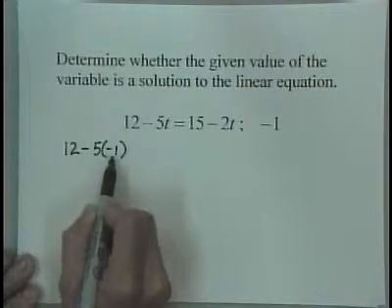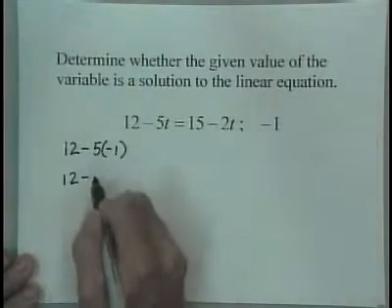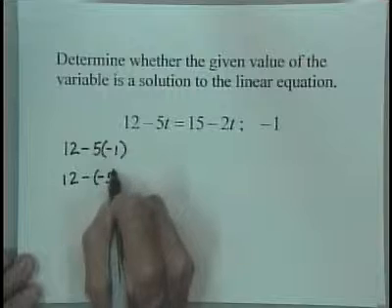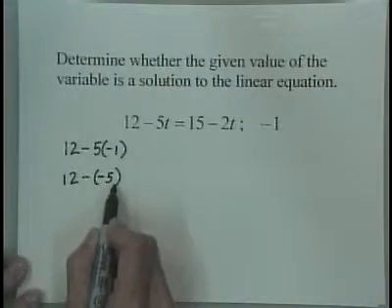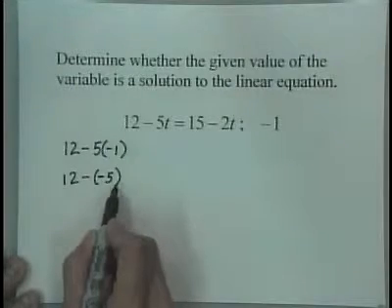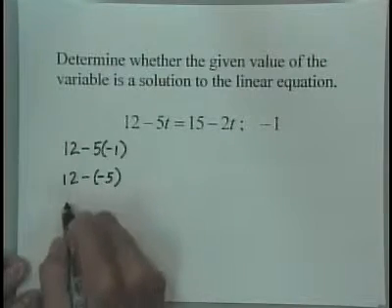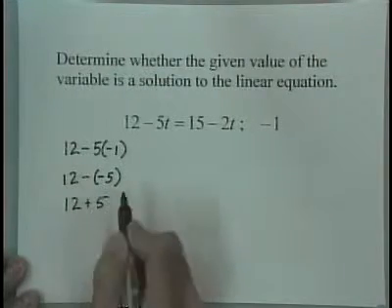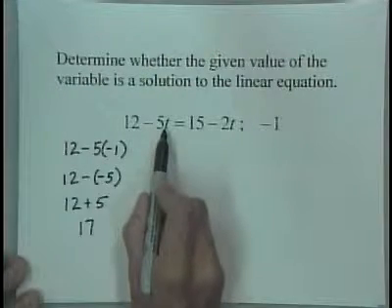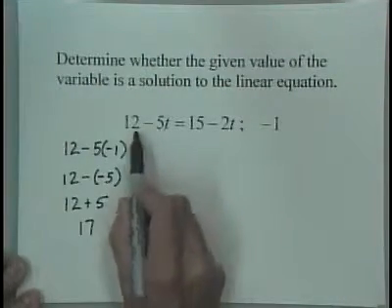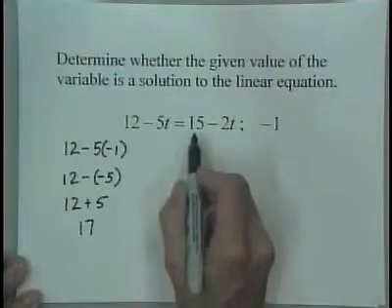According to order of operations, we need to do the multiplication first. 5 times -1 is -5. Now I'm going to enclose that in parentheses, not because I have an operation here, but I want to show you that the negative is attached to the 5. To finish simplifying, 12 minus -5 is the same as 12 plus 5, which is the number 17. So when substituting -1 for the variable on the left-hand side of the equation, we get the number 17.